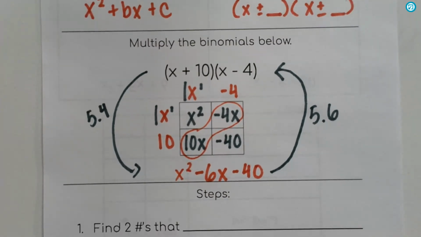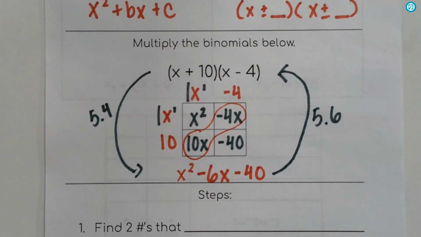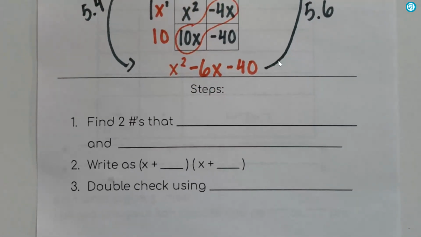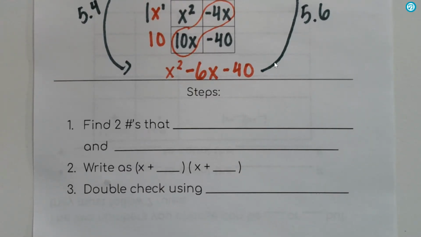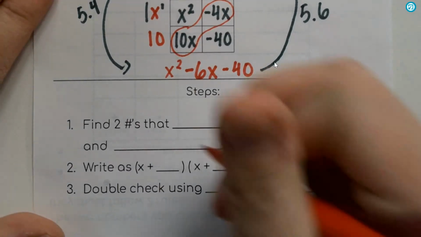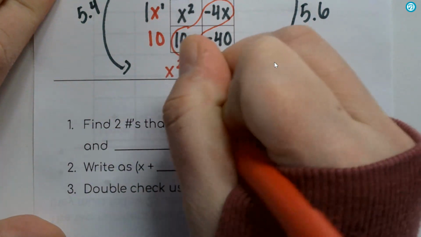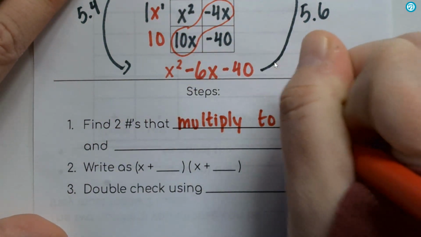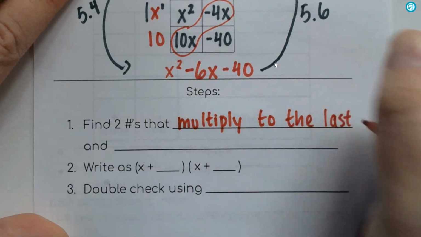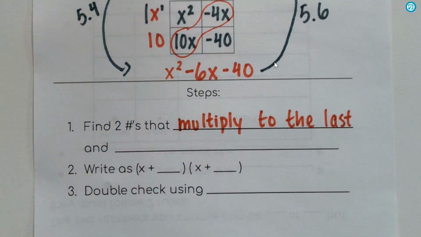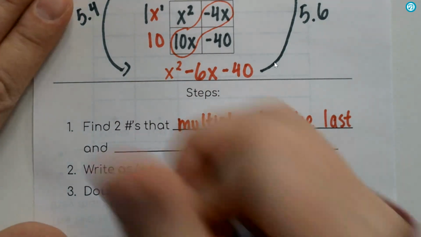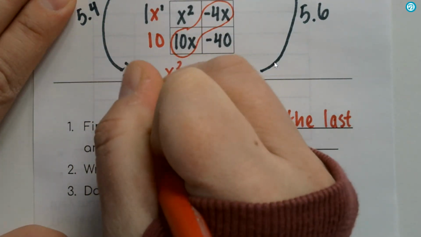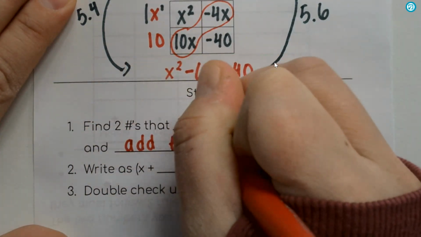Okay, so moving down to our steps. Like I said, our steps are to find two numbers that multiply to the last number and they have to add together to the middle number.